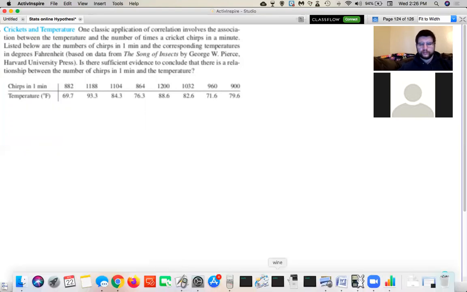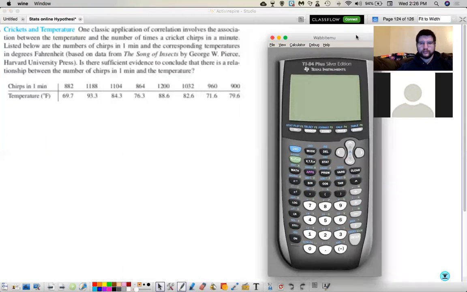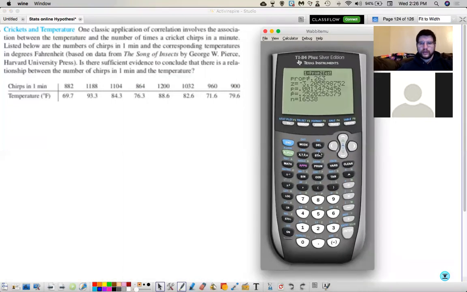So let's see. Grab my TI. Stat, edit, clear out my list, go to the top, clear, enter, top, clear, enter. So make sure you type your X's in list 1, your Y's in list 2. These are my X's on the top row, Y's on the bottom row. 882, 1188, 1104, 864, 1200.